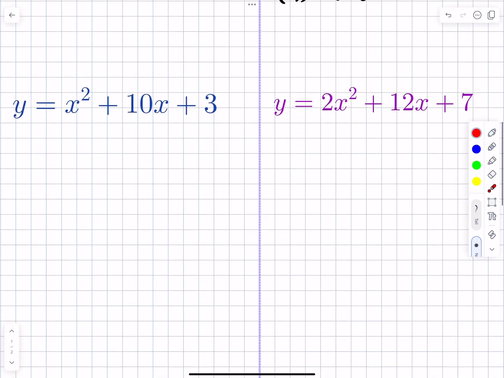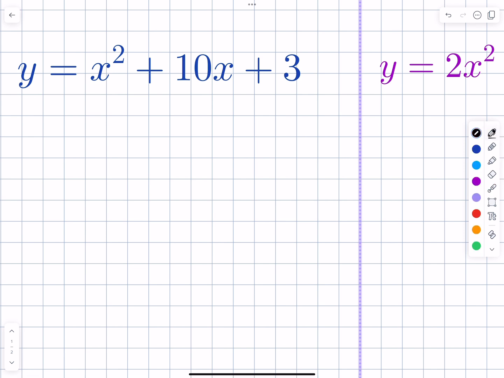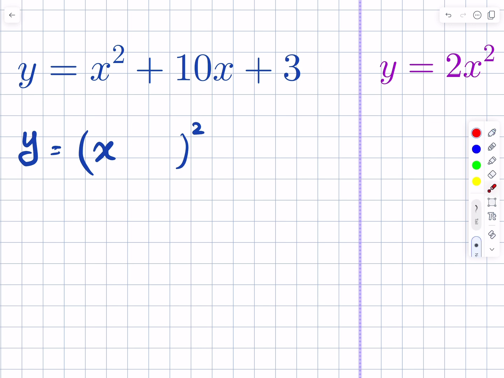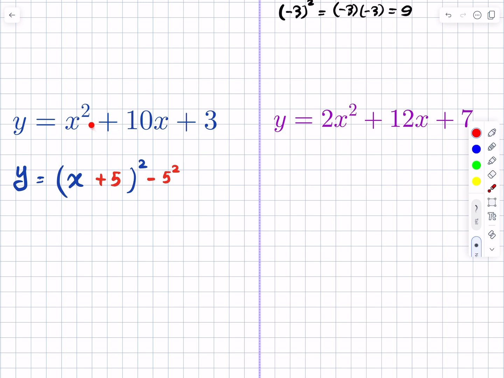Let's now move on to the second example. Here we will use the second method only, so we will open brackets immediately like this. Now we take half of the coefficient 10, which is 5, so we add 5, and then immediately after the bracket we also have minus 5 squared. Now the number inside the bracket could be positive or negative depending on the sign of the coefficient.